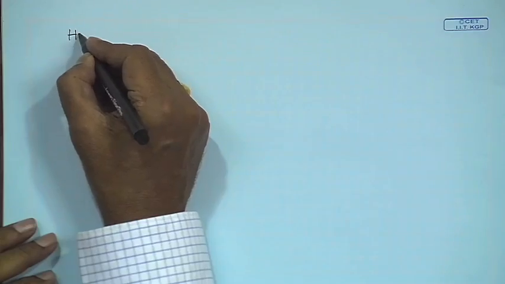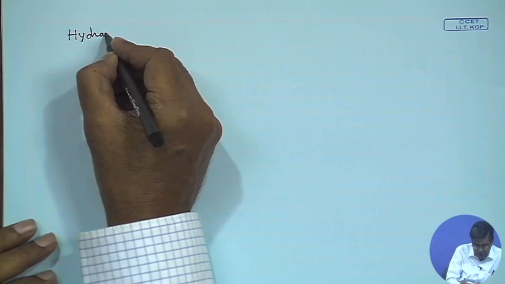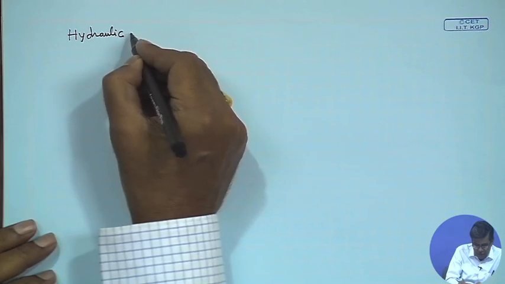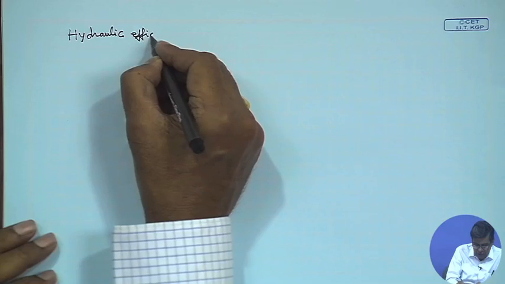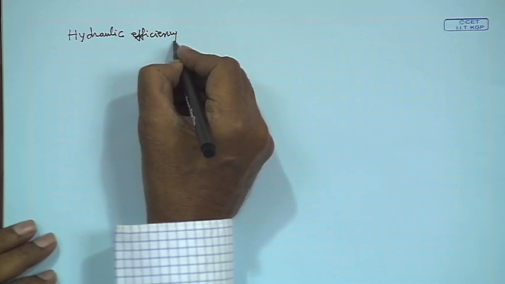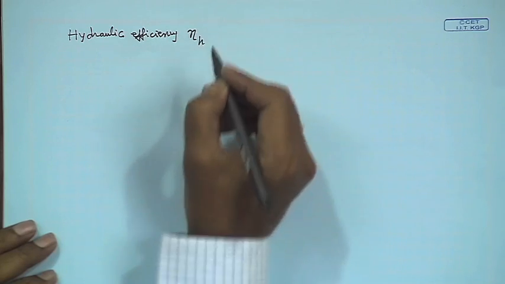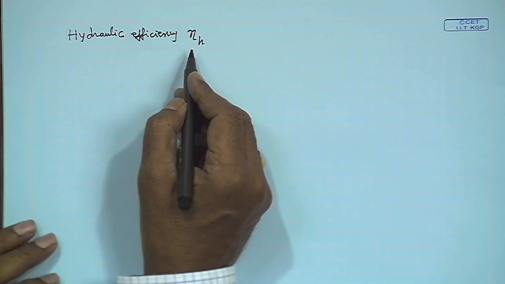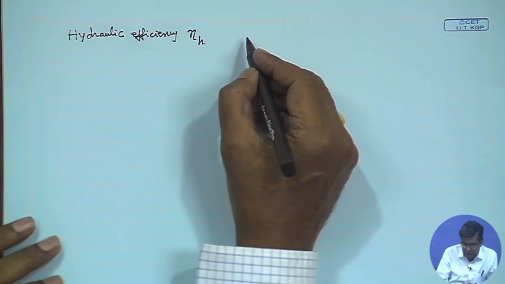Now, if we see that in detail, let us write this. There are two efficiencies. One is hydraulic efficiency, which is given by eta H, which deals with the energy transfer between the fluid and the rotor.